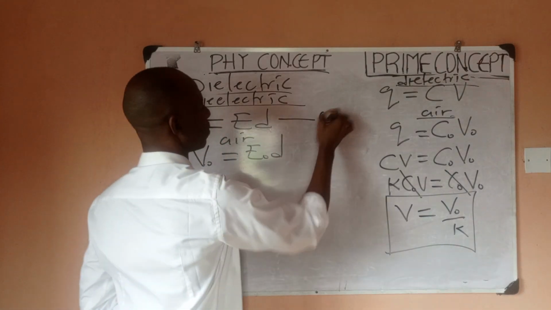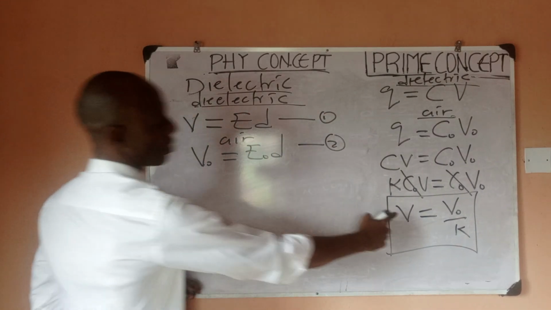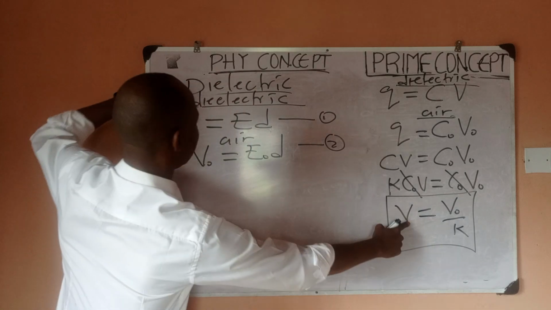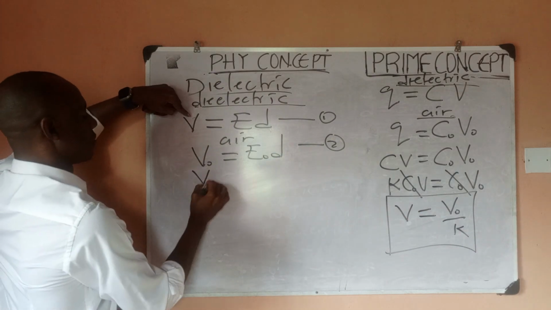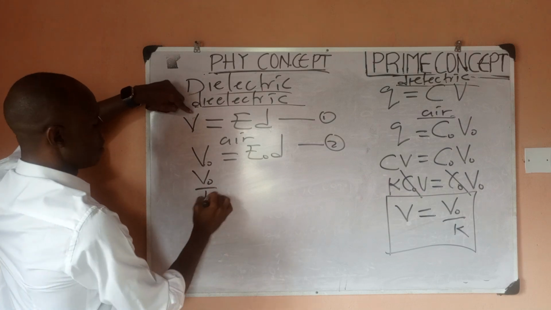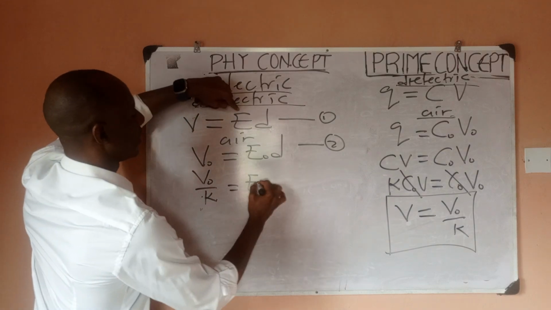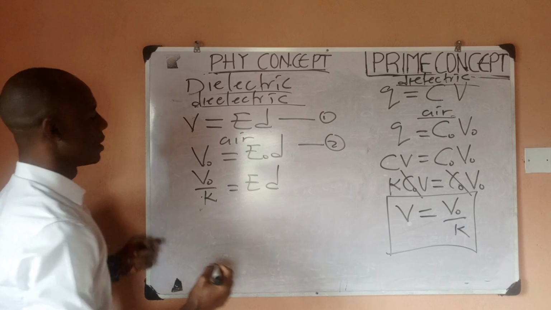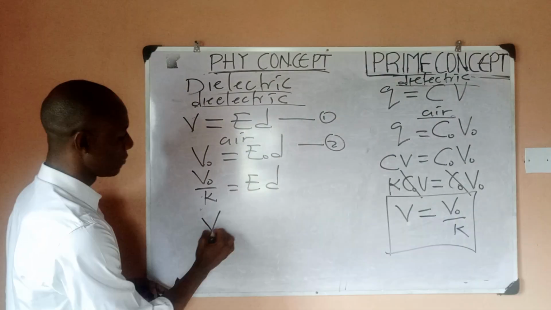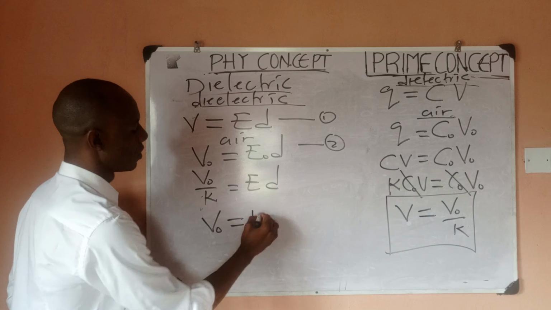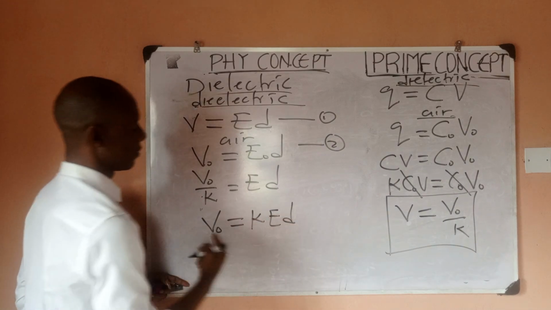Let me just call this equation 1 and then these two. So I'm going to replace V in equation 1 with V naught by K. And then I would have V naught by K equals ED, right? Yes. Now, if I make V naught the subject here, I would have that V naught becomes KED from this, right?